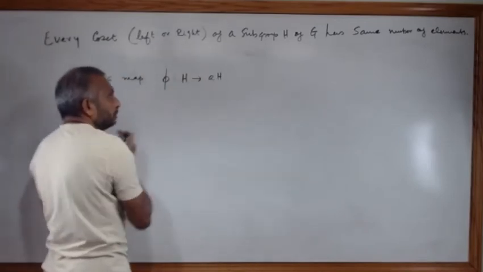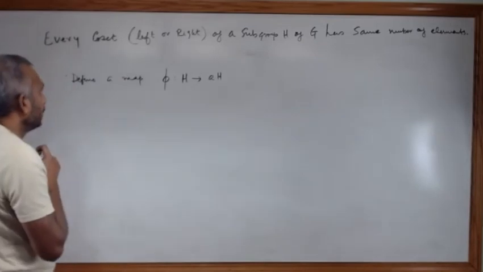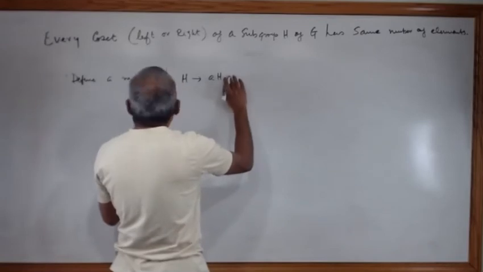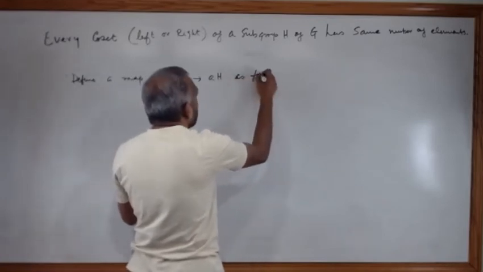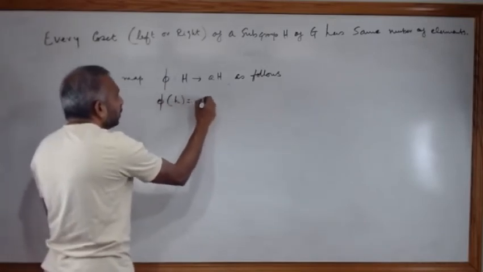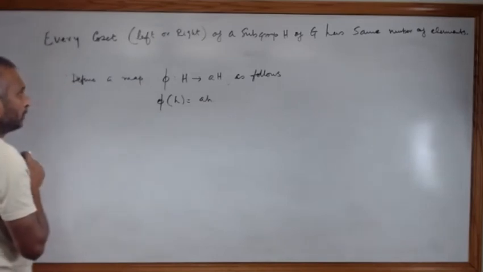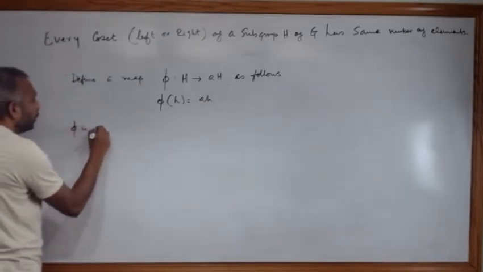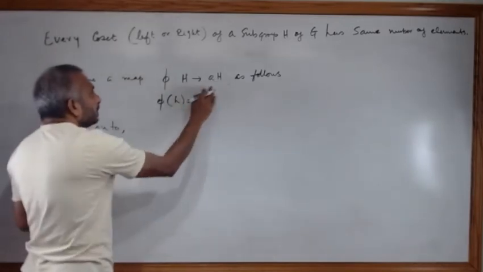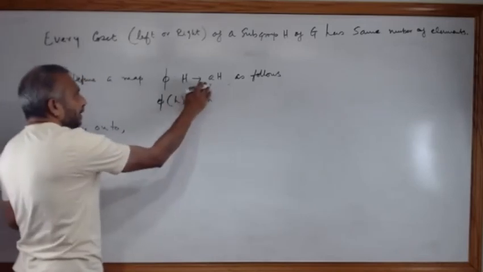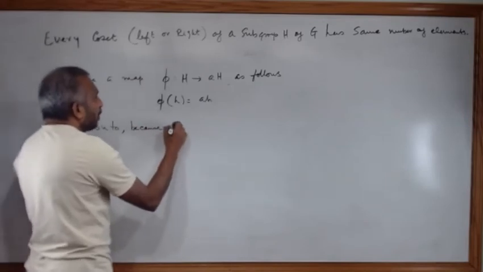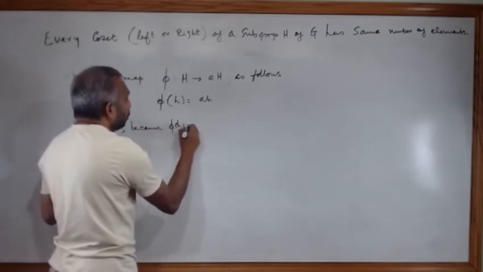Then it is defined as follows: phi of h is equal to ah. So, phi is onto. Why? Because that is how it is defined. Onto because phi of h is equal to ah.